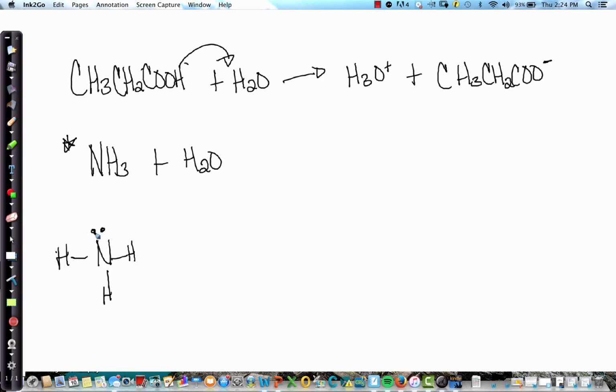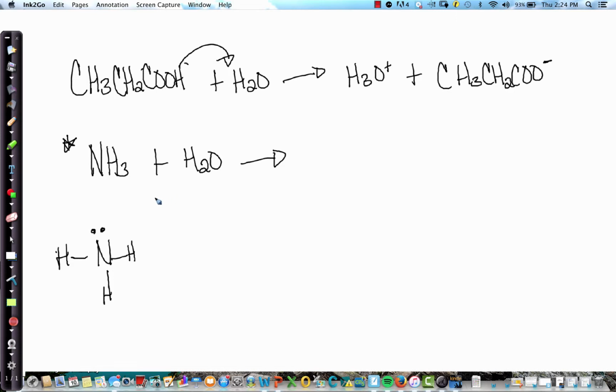Well, that lone pair can attach to a hydrogen ion, and it's attracted to it. So that lone pair from the nitrogen actually can pull in a hydrogen ion. So anytime that you see amine in the name, or if it's ammonia, a lot of things with nitrogen are usually going to be basic.